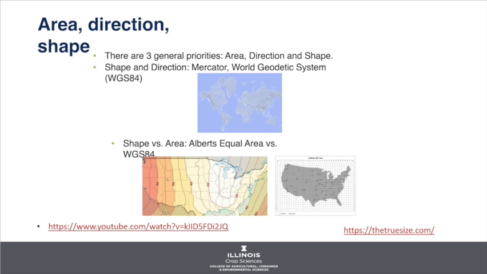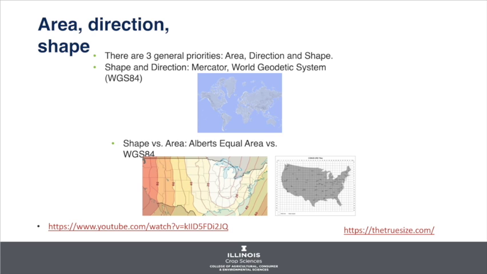So there are some projections, like for example, this one that's called WGS, World Geodetic System, that's often used for maps, online maps. And this is used mostly for navigation, and it's also used for directions and for instructions on how to get from one place to another. So the direction is properly preserved, but as you know, the area is very different.